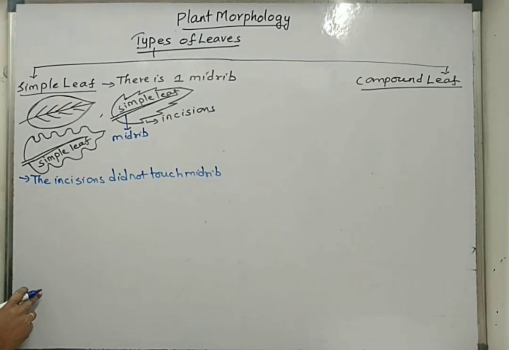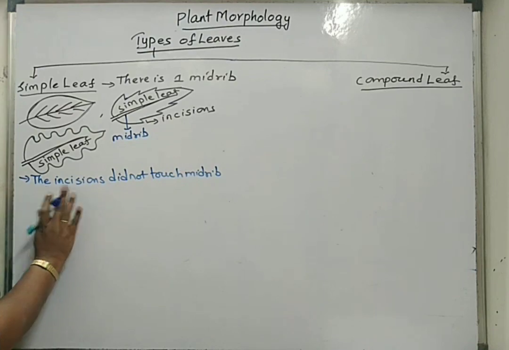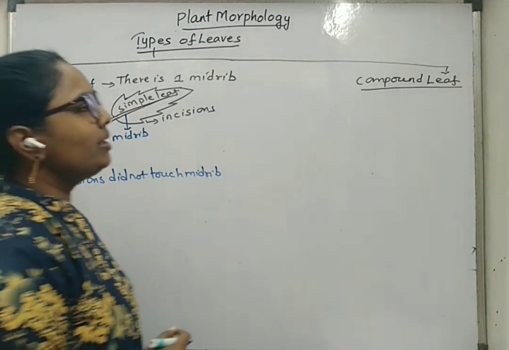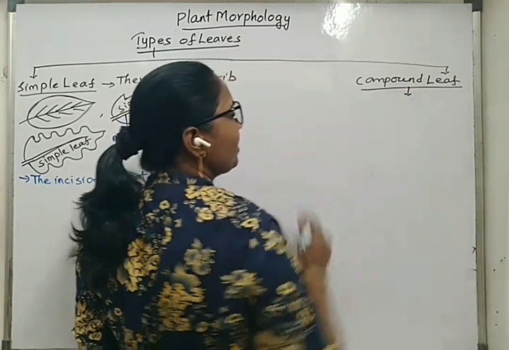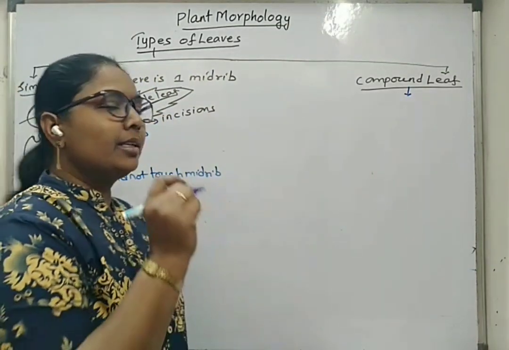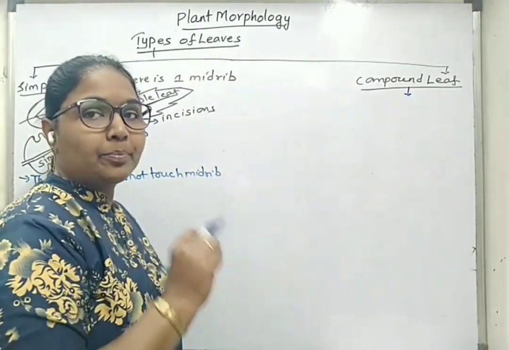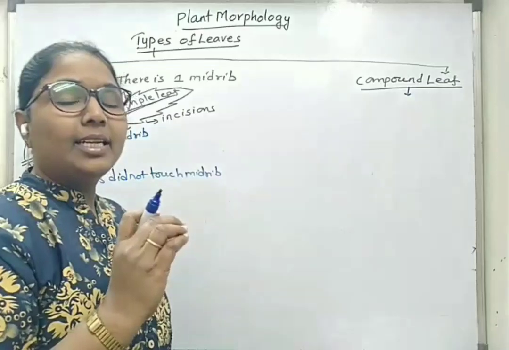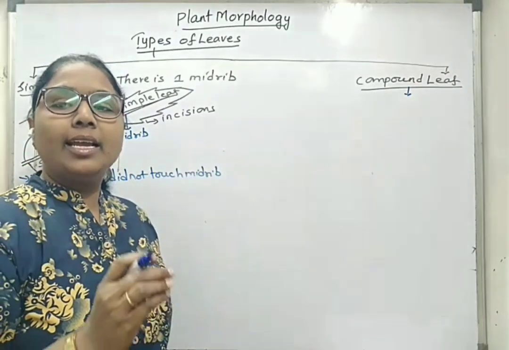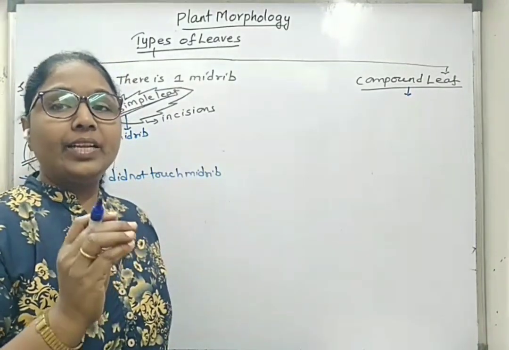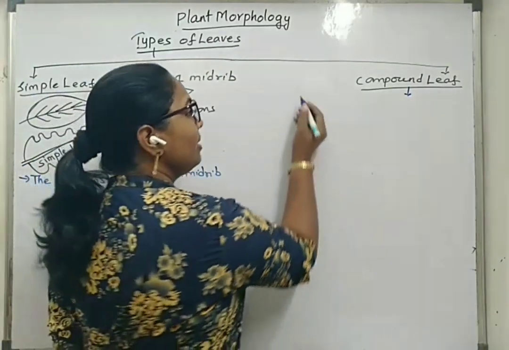Now, various types of leaves are there under compound leaves. So what is meant by compound leaves? Here, the incision is extended up to the midrib so that a little part of the leaf lamina is separated, and we give a term for that as leaflet. How it is, we will see now.